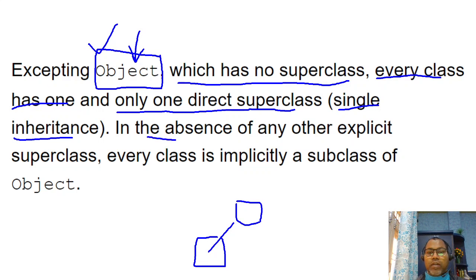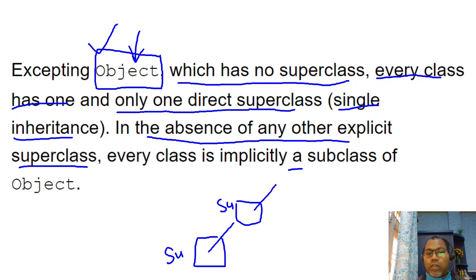In the absence of an explicit superclass, let's say I have written a subclass and a superclass, and if we have not defined the superclass, then this superclass also has one superclass known as your Object class. The Object class does not have any superclass.